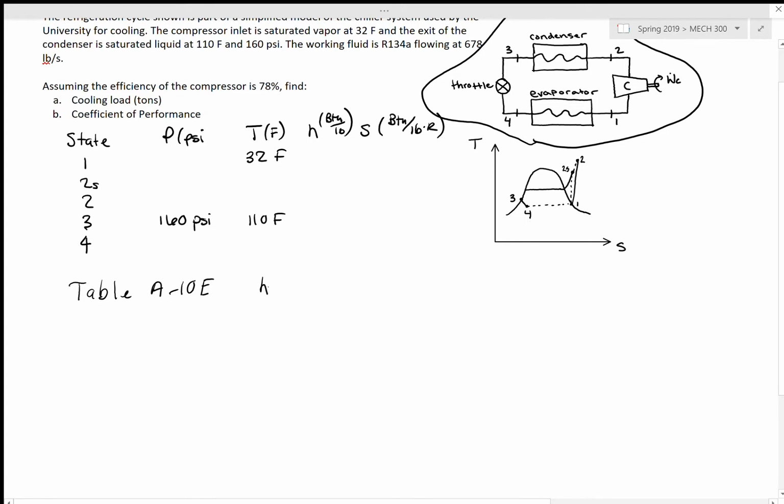And so at that spot in the table, our H3 is going to be equal to 47.81 BTU per pound. And that is at saturated liquid. So we'll put that in.